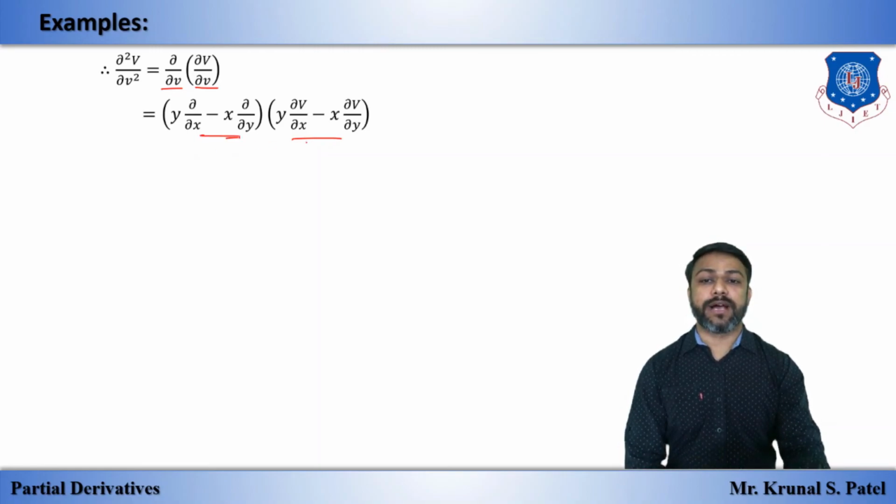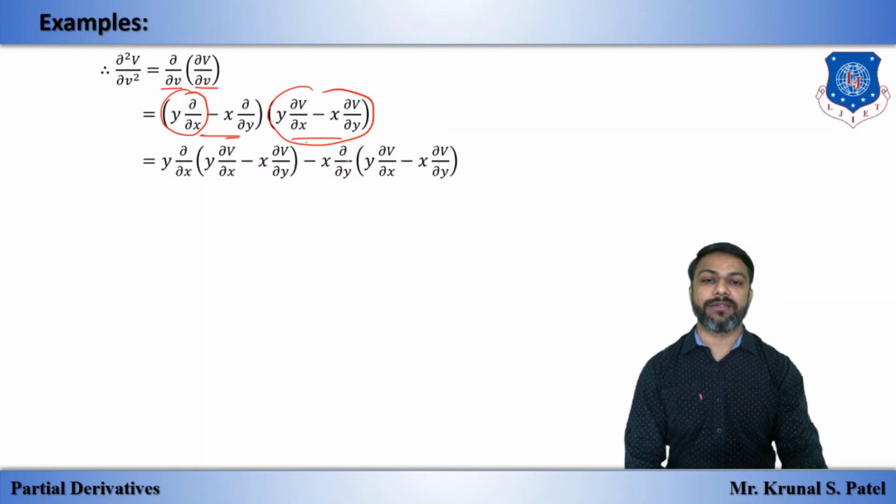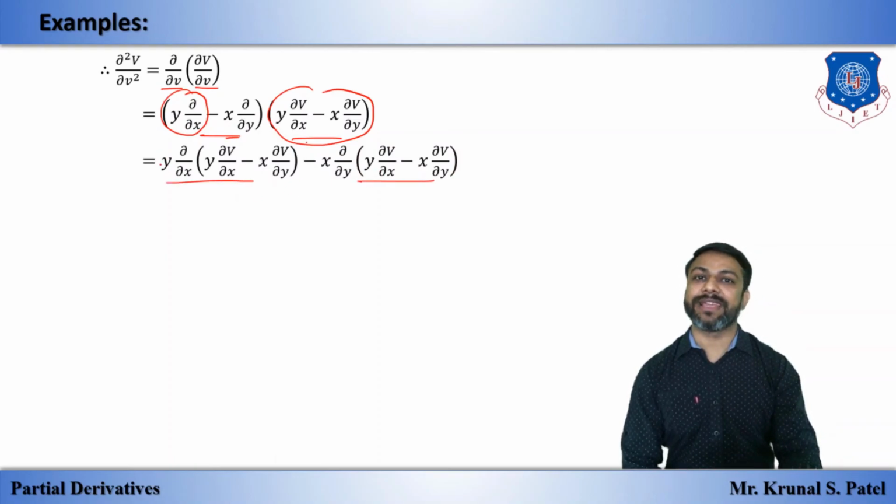Now we apply y into del by del x to this bracket, and minus x into del by del y to this bracket. So we have this. Now, as we have discussed in this example, y is constant as it is, and we differentiate this bracket with respect to x.